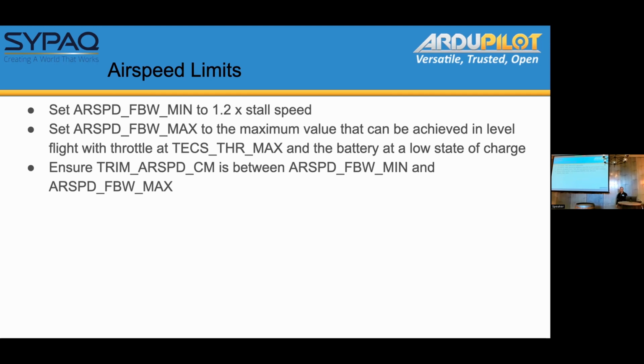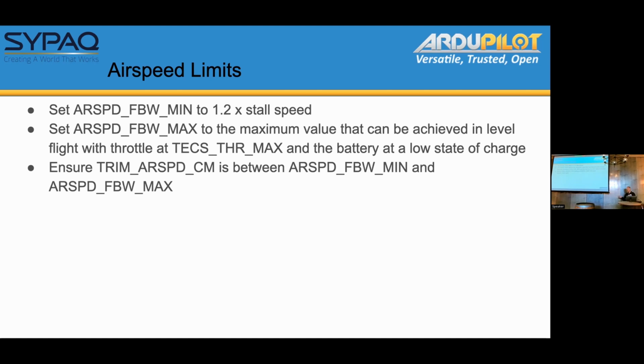The maximum value, importantly, you need to respect the concept of battery state of charge and loss of battery voltage when you set the maximum airspeed. The reason this is important is that if TECS is trying to achieve a maximum speed and it's unable to achieve the speed, it will start to lower the nose to try and achieve the speed, and that will cause it to fly below the demanded flight path.